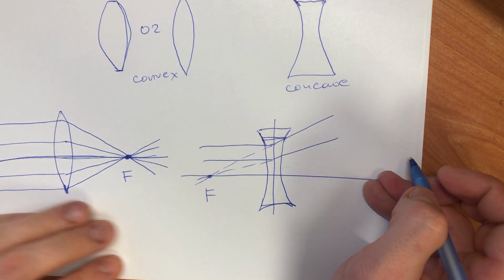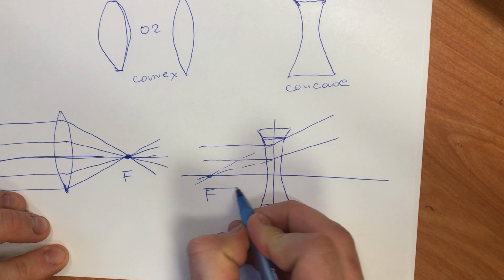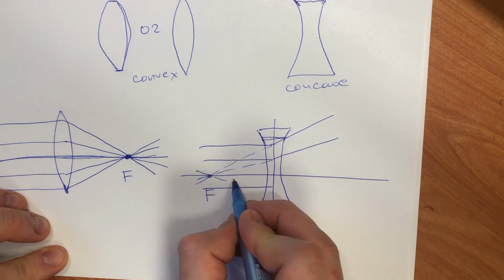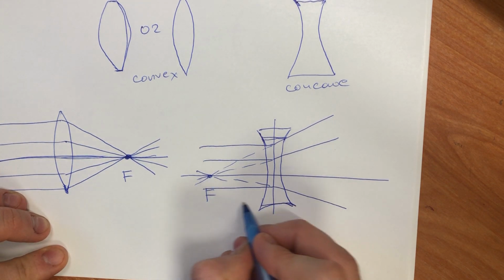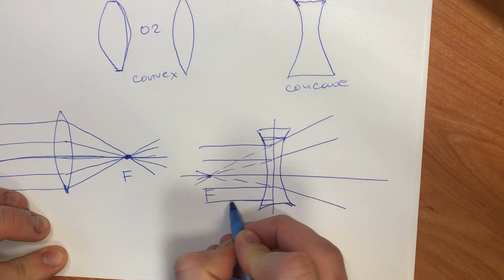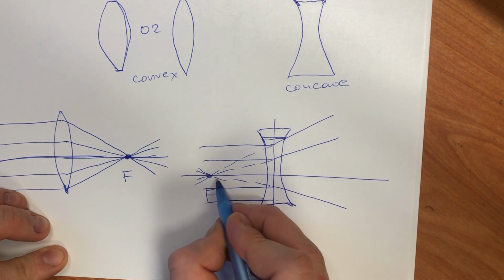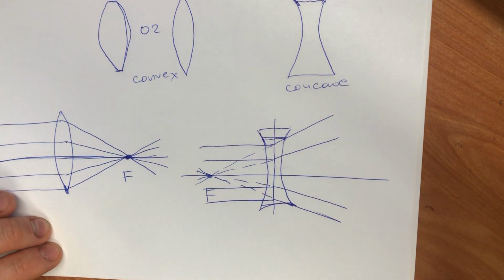Now other informative light rays would be here. So the extension of this light ray would go through the focal point, and if we had a light ray here, the extension of this light ray would be here.